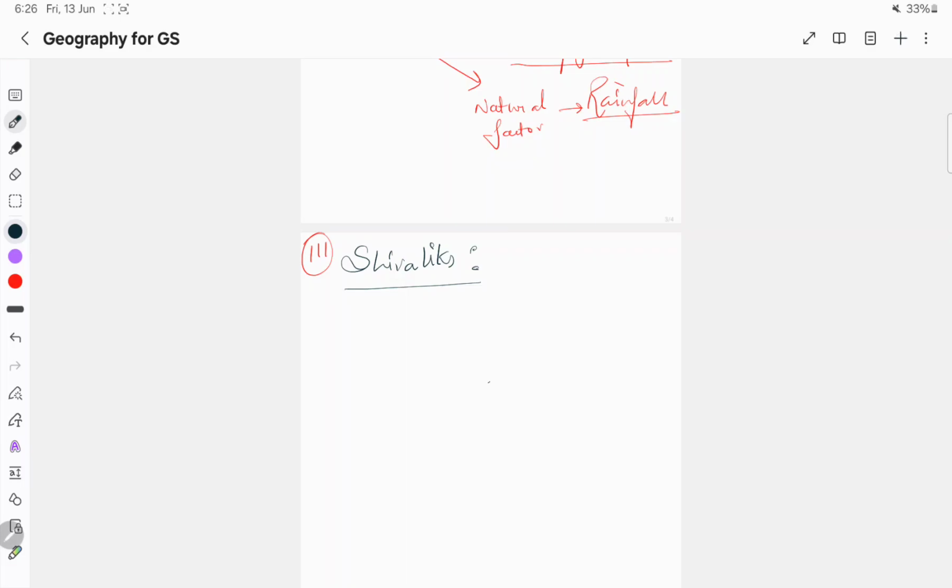Now, in the extension of the Himalayas, the width is reduced to 10 to 50 kilometers, as the impact has been reduced completely, and the height is further reduced from 1300 to 900.